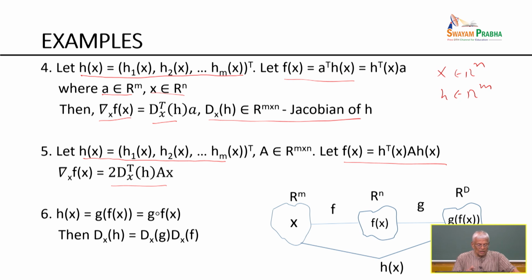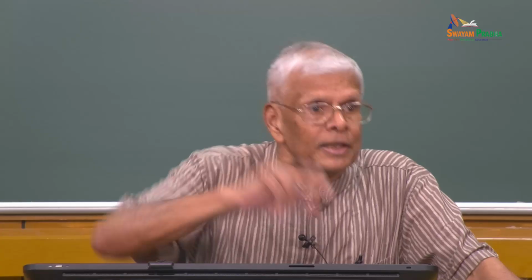Everybody with me please? So h of x is equal to g of f of x, which is denoted by g circle f of x. So this is called the composite function. Composition of functions. With me? e to the power of sine x is a composition, right? x to sine x and then e to the power of sine x.